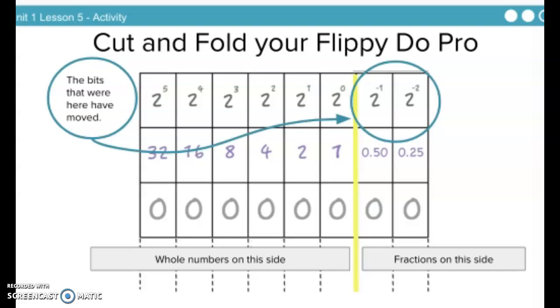And 2 to the negative 2 would be 1 times a half times a half, and that brings you to a fourth, which is also written as 0.25.